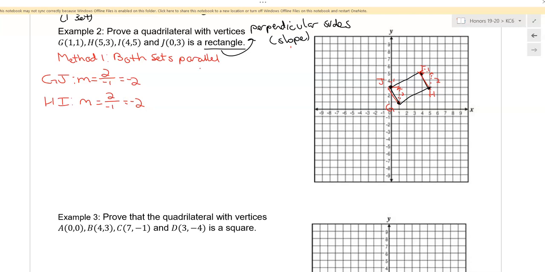Good. Done there. Now I have to check I need both sets. So right now they are parallel. But that's just one set.